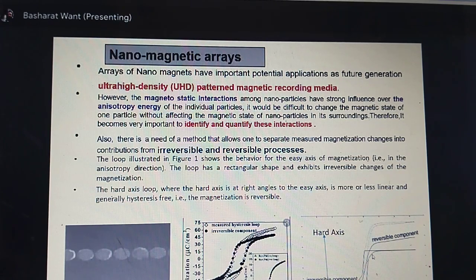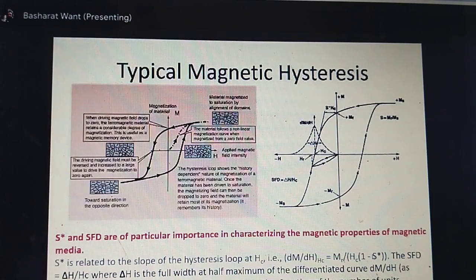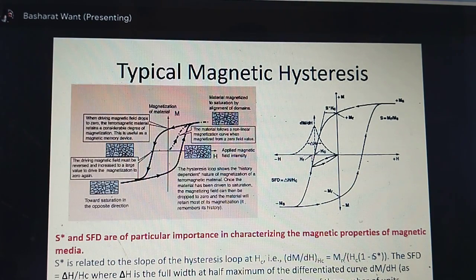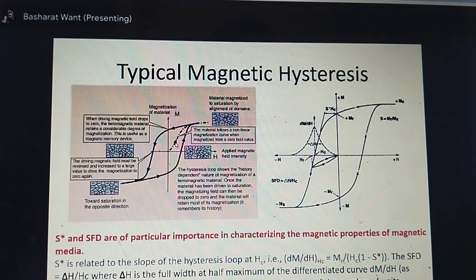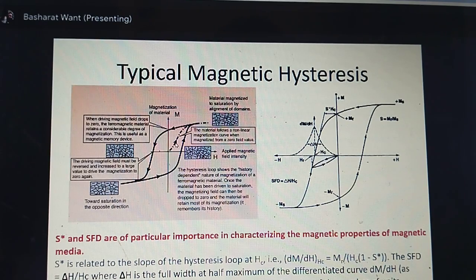Now, why I'm telling you this: when we normally look at a typical hysteresis curve, this is a typical hysteresis curve. You start with a zero magnetic field and you start increasing the magnetic field until the system domains start aligning in the direction of the magnetic field.